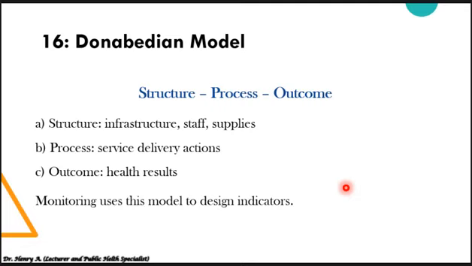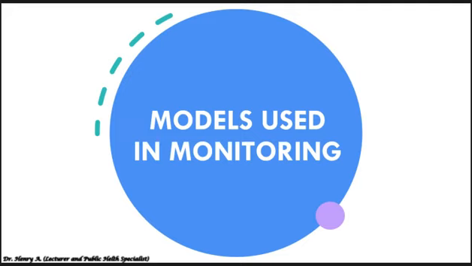And not just improving, you can find the indicators showing that it is truly improving, because the impact, the increase, the utilization of the facilities, of the products will go on the high side. It will increase, it will improve, and that will bring about good health results. So monitoring uses this model to be able to design their indicators. So that's that. We now look at the models used in monitoring.